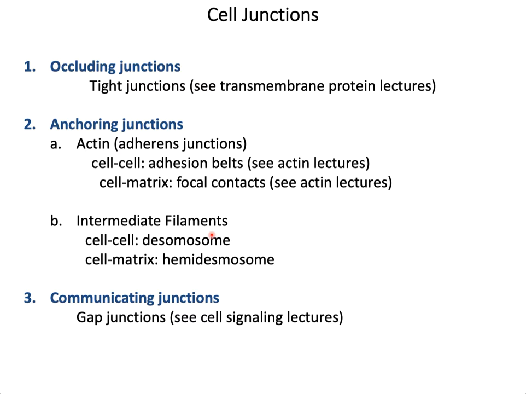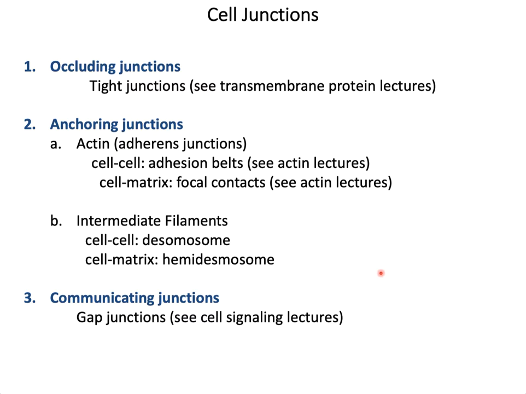These are probably the only two new structures that we will encounter in our discussion on cell-to-cell and cell-matrix interactions. And finally, the third type of junction is known as the communicating junction, and it is through this type of junction that cells communicate with each other. An example of a communicating junction is the gap junction. And we also introduced the gap junction in the cell signaling lectures.